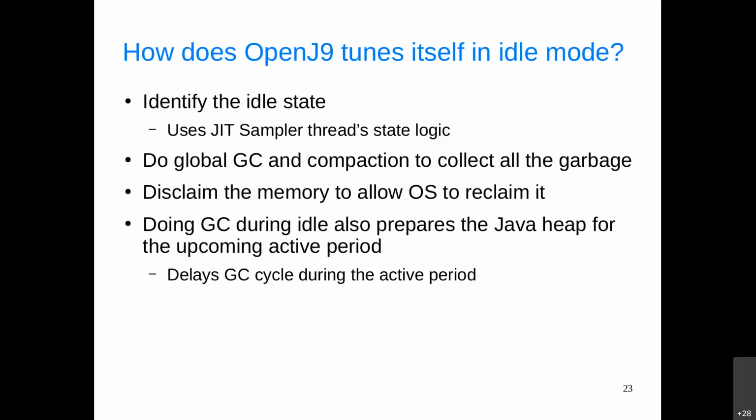Since we have already done the GC and collected all the garbage during the idle phase, when the application goes back into active state, the chances of it running into GC are very low. This mechanism also improves the performance of the application in the active state to some extent.